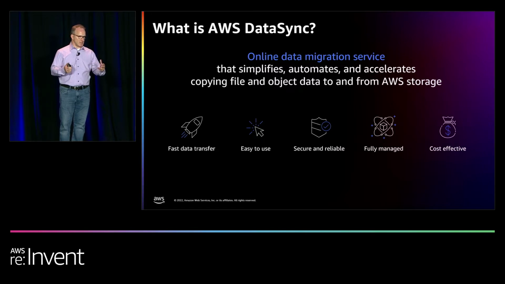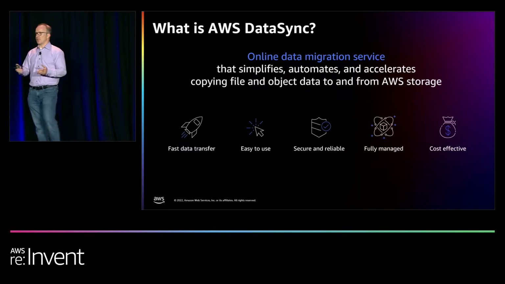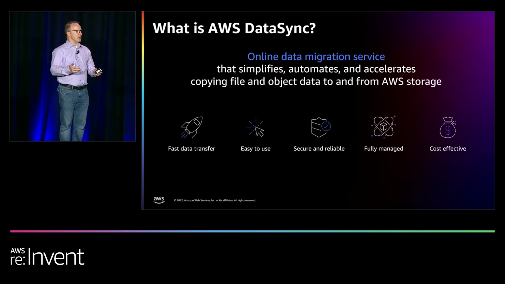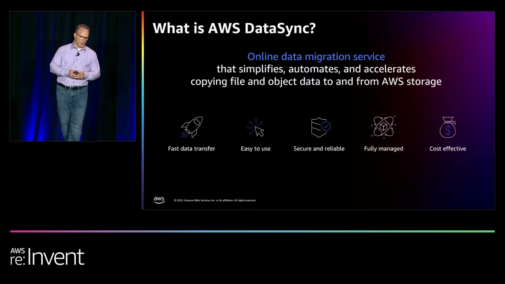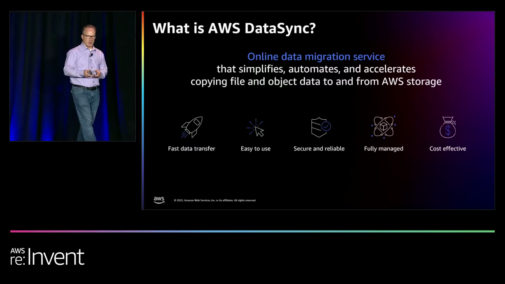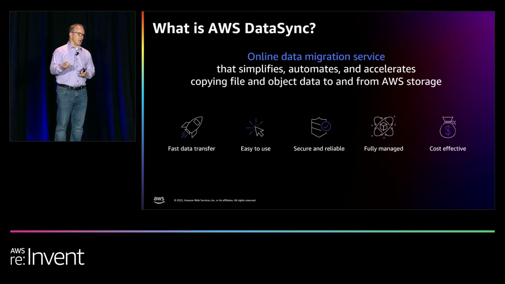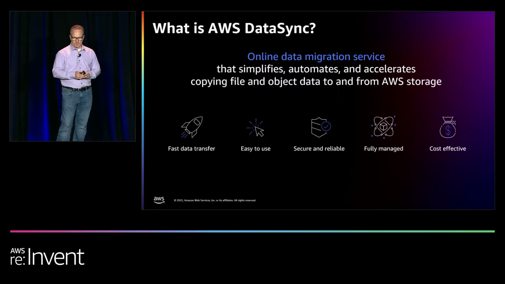Right? We handle all of these network challenges for you. Data Sync is a fully managed service. So we'll handle all of the heavy lifting that will connect you to the AWS storage services, all the networking in the back end. We take care of that for you. And AWS Data Sync is cost effective. The cost for the service is 1.25 cents per gig with no minimum for that.